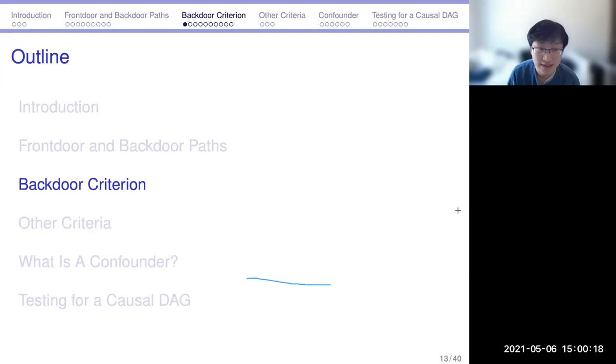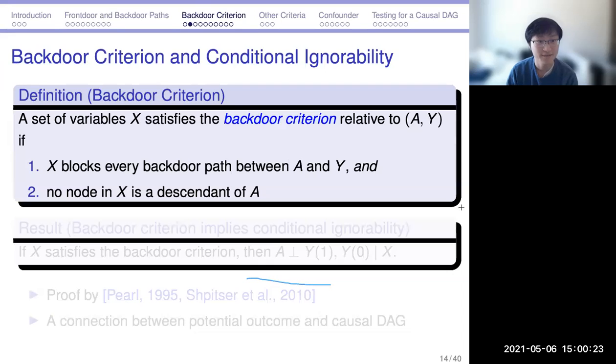So now we're ready to discuss the backdoor criterion. Okay, so what is a backdoor criterion? We have talked about what is a backdoor path, and we have talked about what is blocking a path. Because a backdoor path is still a type of path, we can still talk about blocking this particular type of path. So a set of variables X satisfies the backdoor criterion relative to A and Y, treatment and outcome, if both of the following hold.